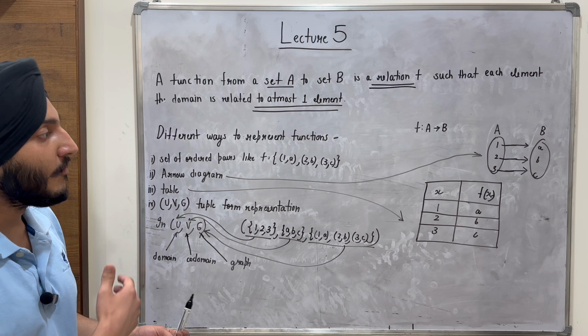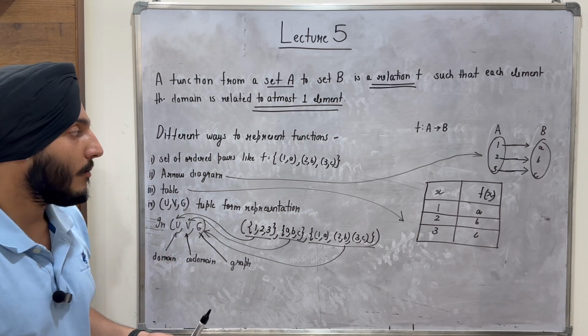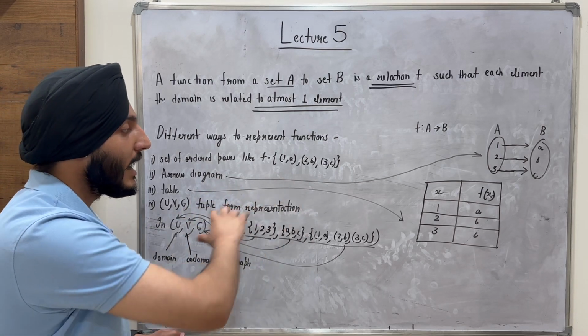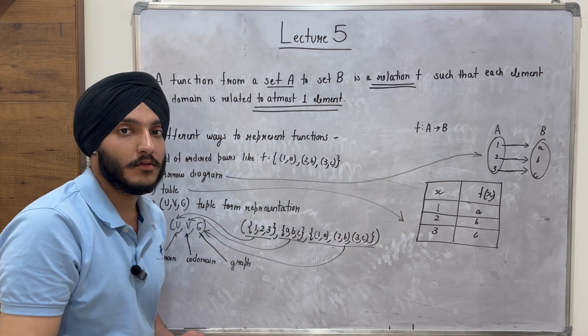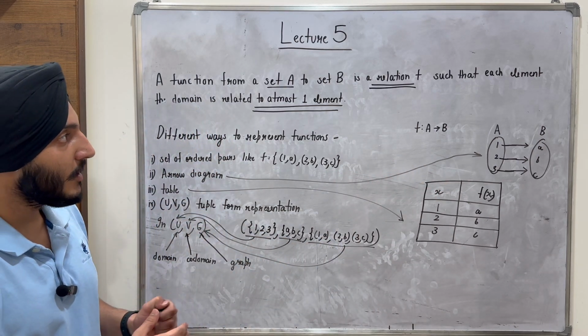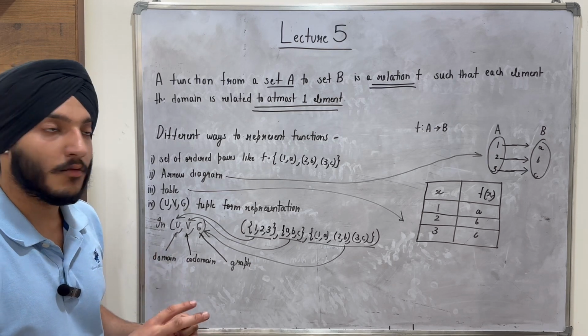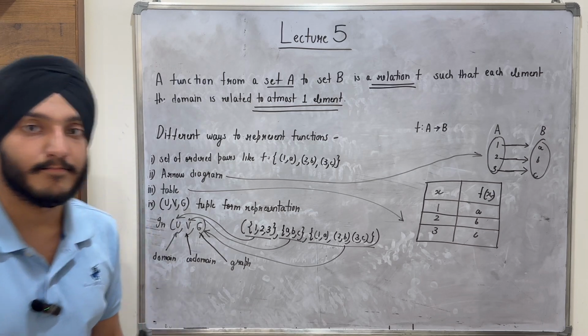If you have been specifically covered only a few representations, then that's good. But in a general case, you should know how to convert this definition into an arrow diagram or the other way around, right? So I think that's all for this video. Now I will be giving a bunch of questions, some tough ones, and I hope you guys can solve them. I'll solve them towards the end.